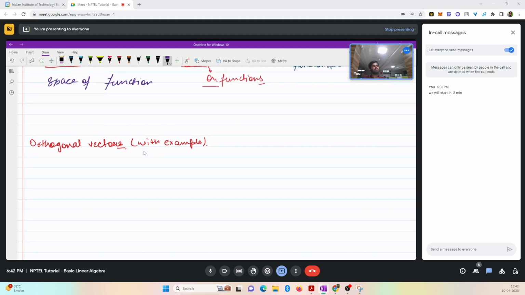Now, if you talk about angles, when we talked about angles between two vectors in our school time, one thing that we talked about was something called the perpendicular vector. So, what is the property of a perpendicular vector in terms of dot product?